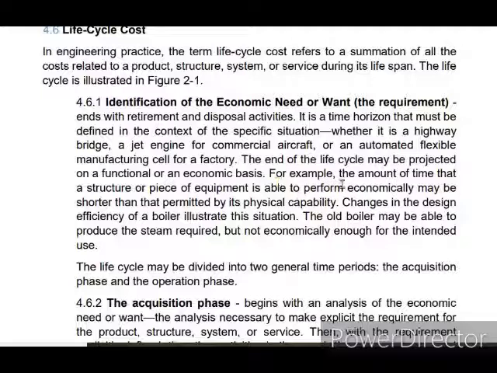So the end of the life cycle may be projected on a functional or an economic basis. Okay, so the life cycle of the product should be characterized or projected on an economic basis. For example, the amount of time that a structure or piece of equipment is able to perform economically may be shorter than that permitted by its physical capability.